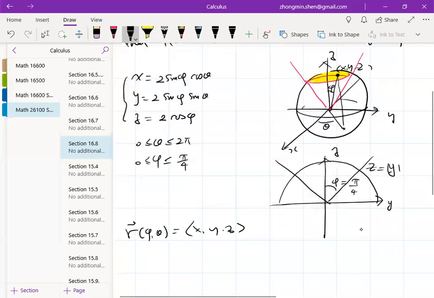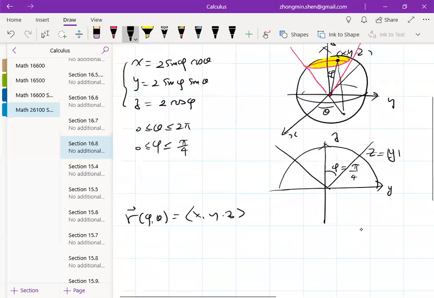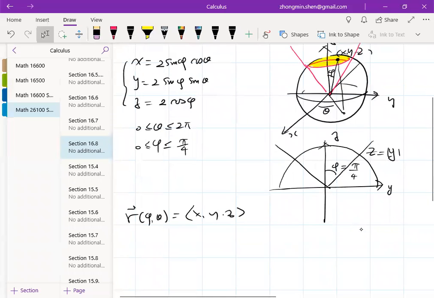Then you can use that to maybe find the surface area of that surface. You have to find the Jacobian, and that's already given. You can easily find the Jacobian, and then you can get the area element.